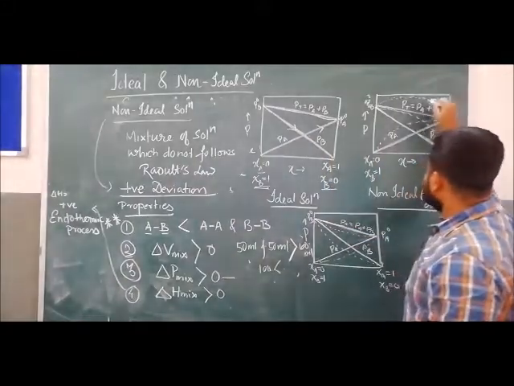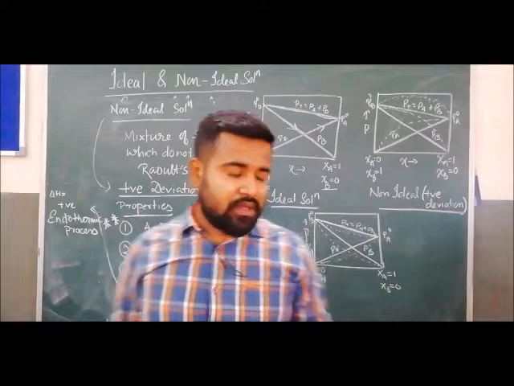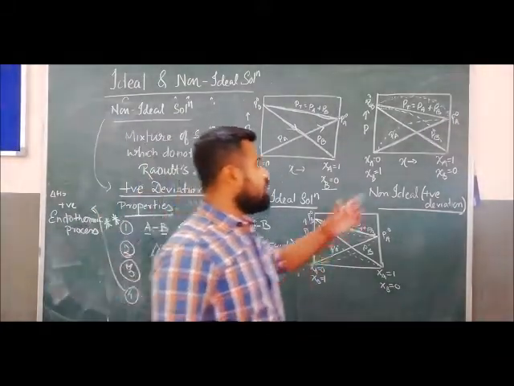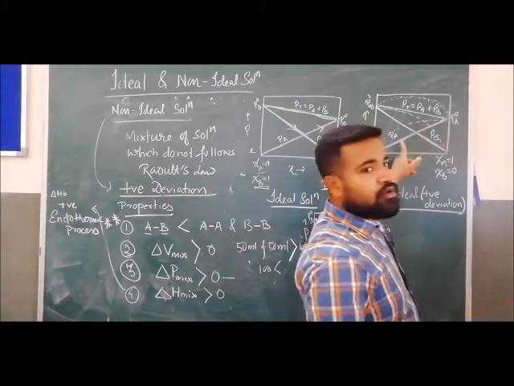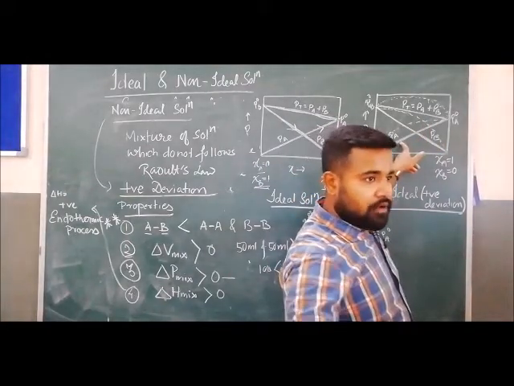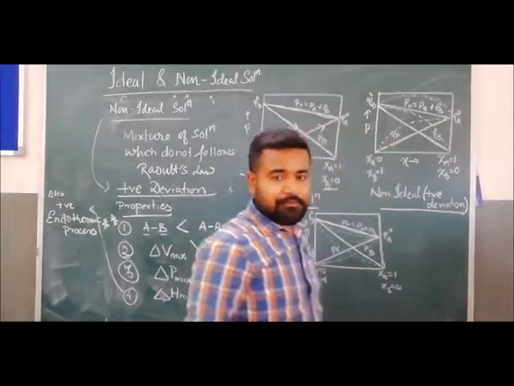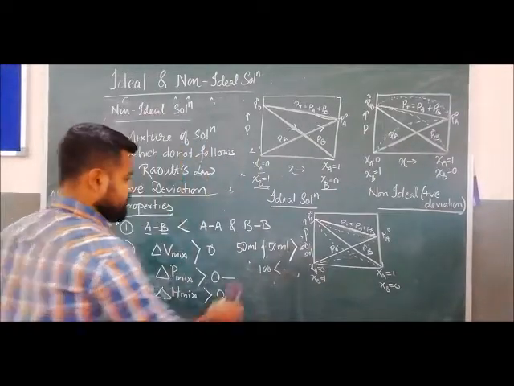So we can say the vapor pressure increases from the original, according to Raoult's law. Clear? So this is the non-ideal solution with positive deviation.